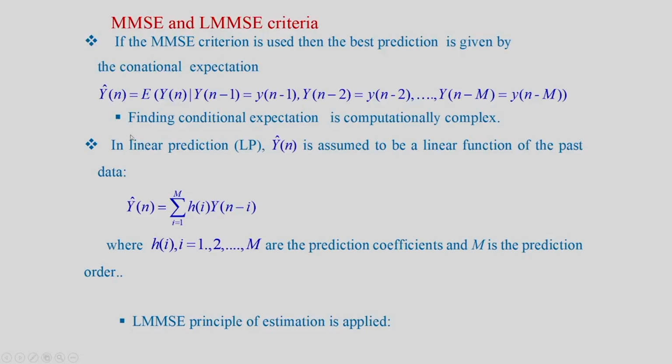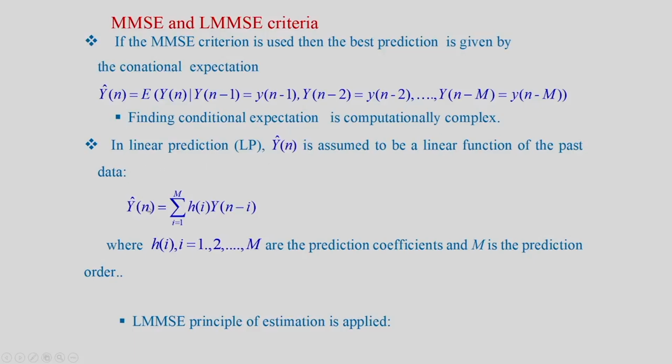For that we consider linear prediction. In linear prediction, LP, y hat[n] is assumed to be a linear function of the past data. So, just like in the other cases of the Wiener filter, we assume that y hat[n] is a linear function of the past data.